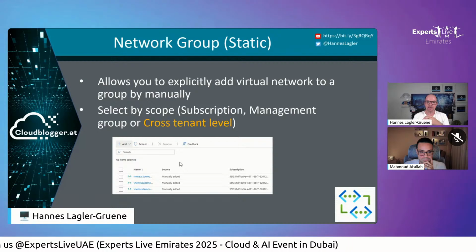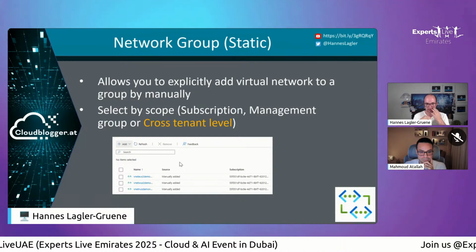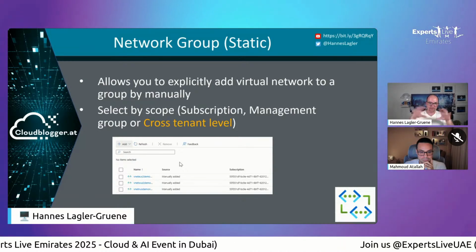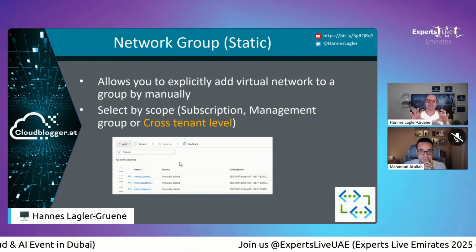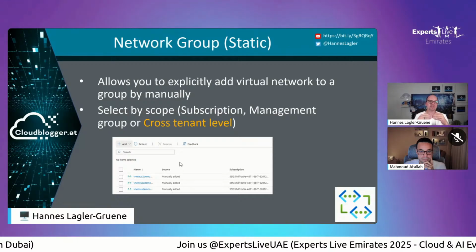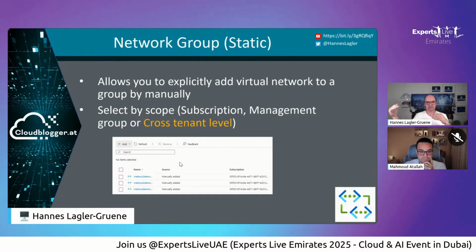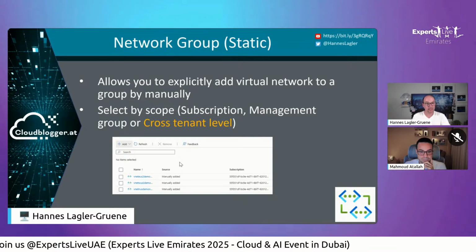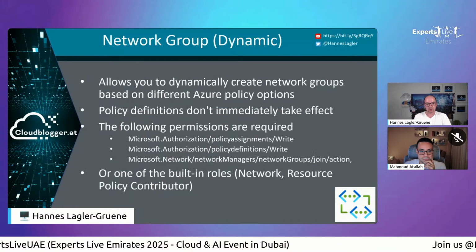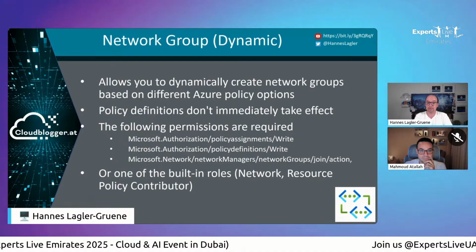If you are implementing cross-tenant scoping, so you have two tenants, you can only define a static network group at the moment to assign your virtual networks from a different tenant. You cannot use a dynamic network group membership, so it's really interesting to have a dynamic one in place.